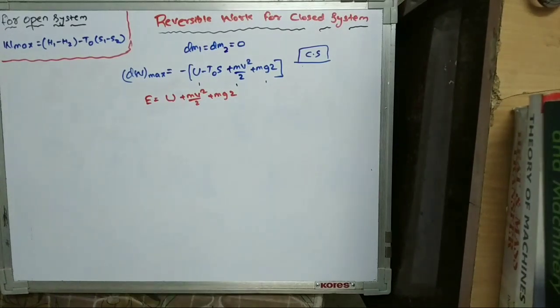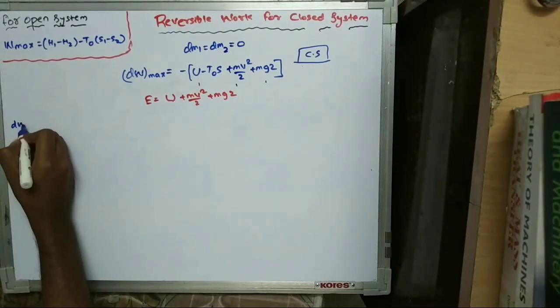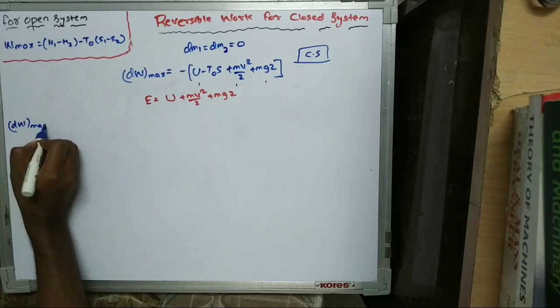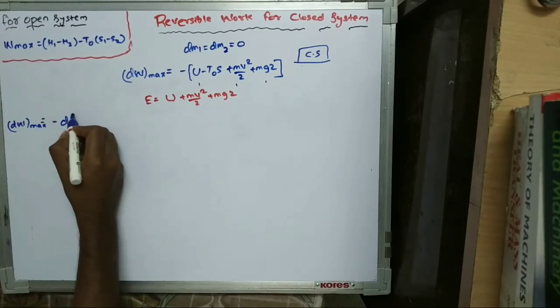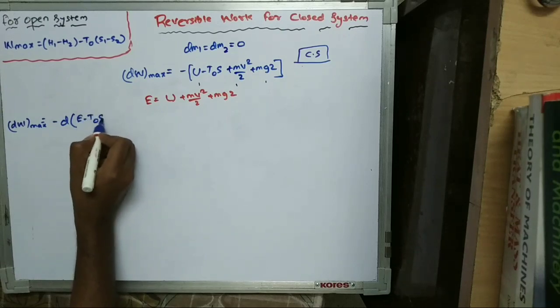Now this equation becomes dW max is equal to minus d(E minus T0 S).